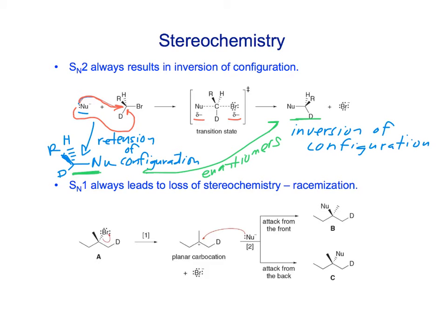All right? And if we were to run this experiment, what we would find, if the SN2 mechanism is operative, is that we always get inversion of configuration.